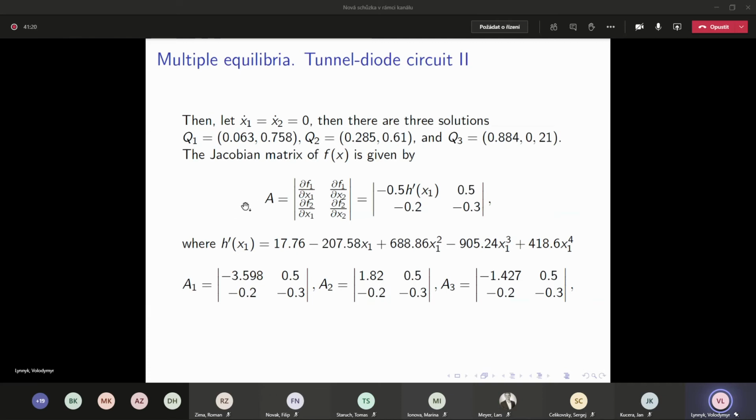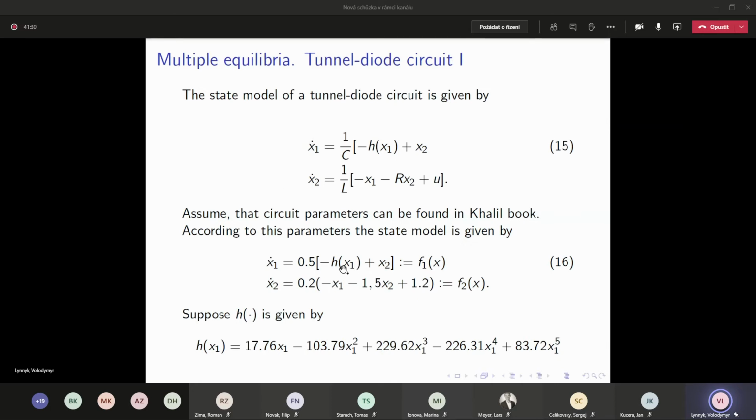The equilibrium points are determined by the intersection of the curve x2 equal to h of x1, with the load line 1.5 x2 equal to minus x1 plus 1.2.